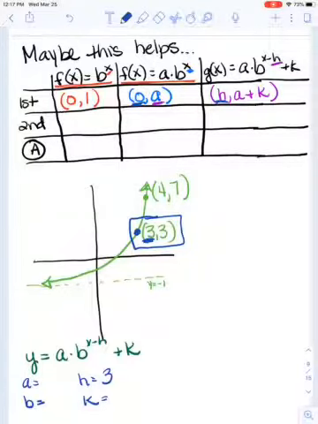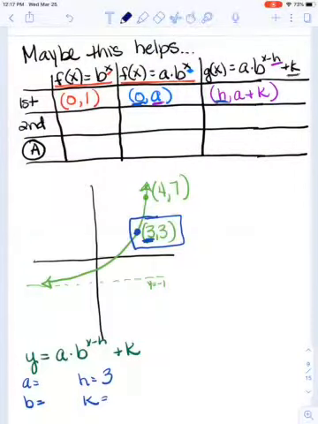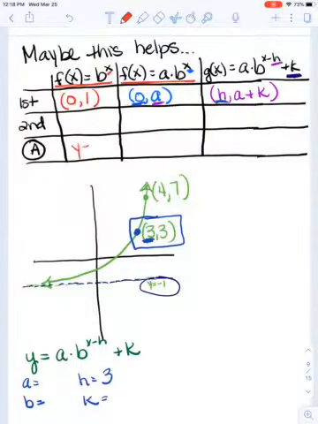The other one that's usually pretty easy to find is your k value. Did it move up or down? Where are you going to find that out? Your asymptote. Normally your asymptote is at y equals 0, and here you're also normally at y equals 0.